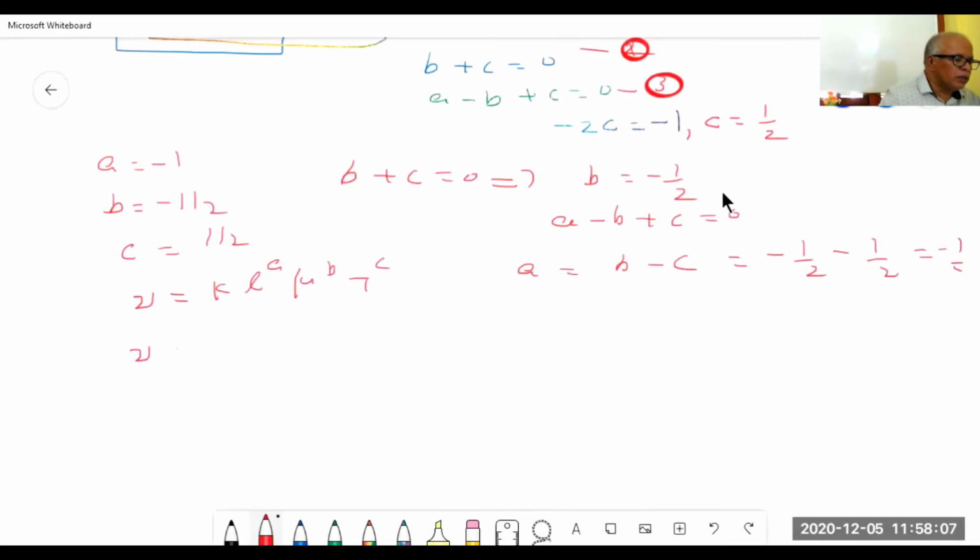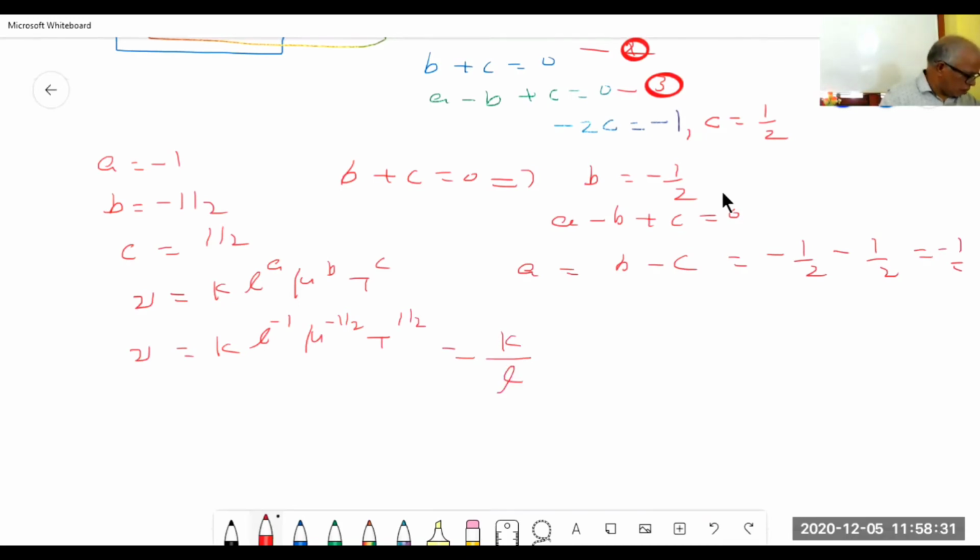Nu is equal to K into L raised to minus 1, mu raised to minus 1 by 2, T raised to 1 by 2. So what will I get?